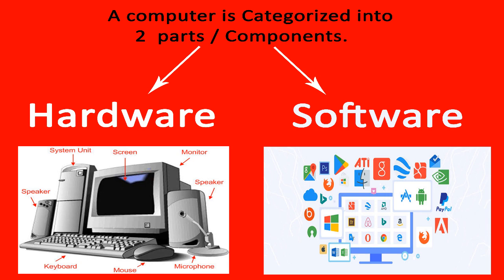The software are programs or apps inside the computer that help you to control and do tasks on a computer. Basically they are instructions inside the computer. They are not tangible. So those are the two parts of the computer, hardware and software.